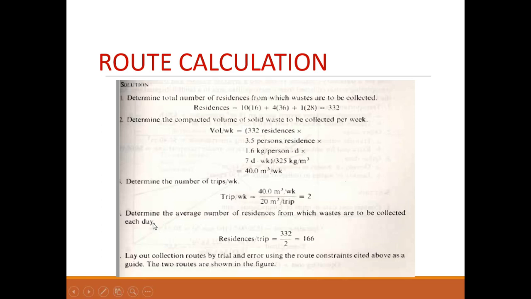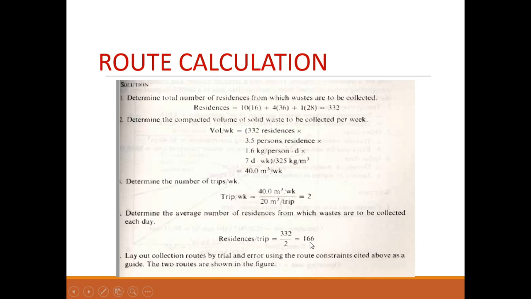And then we want to determine the average number of residences from which waste is to be collected each day. So we have our 332 residences. We divide that by the number of trips, which would be 2. In other words, how many residences can we actually collect waste from in one trip?